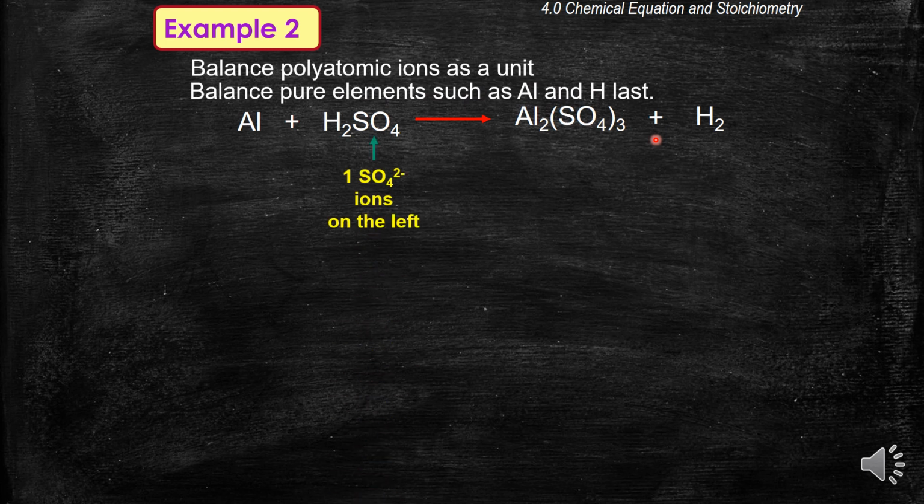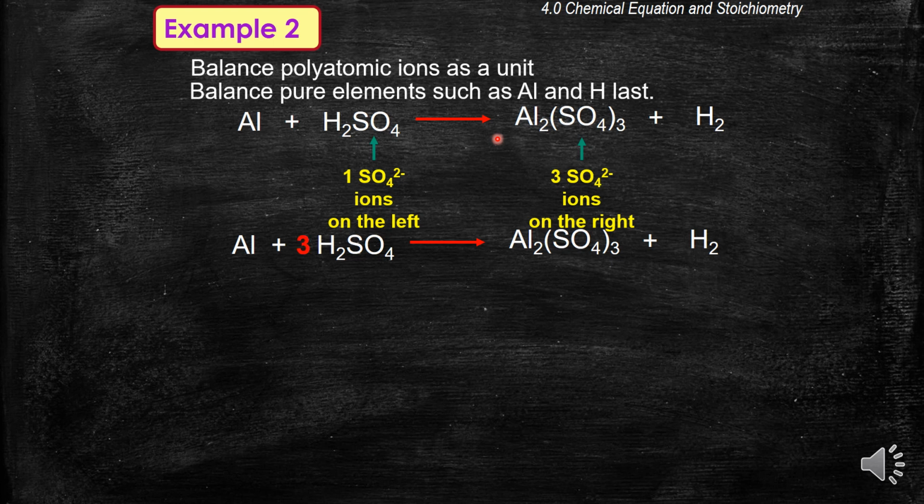Since there is 1 sulfate ion on the left and 3 sulfate ions on the right, we can balance the sulfate ion by placing a 3 in front of H2SO4.